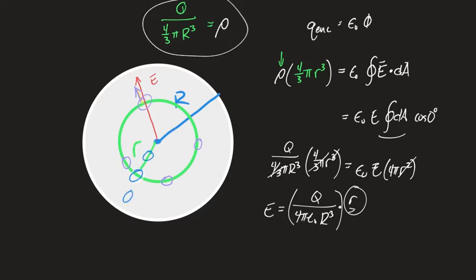That's what r is. So as r increases, the size of the electric field also increases. Makes sense. As r increases, there's more charge contributing to the electric field. As r gets smaller, there's less charge contributing to the electric field. And if you're at the very center, you'd be pulled equally in all directions. The electric field should be 0.